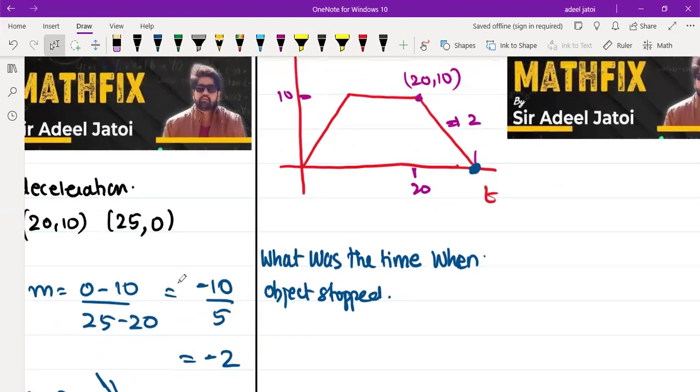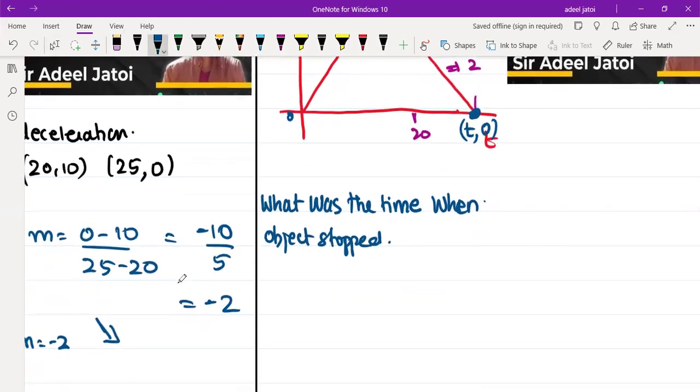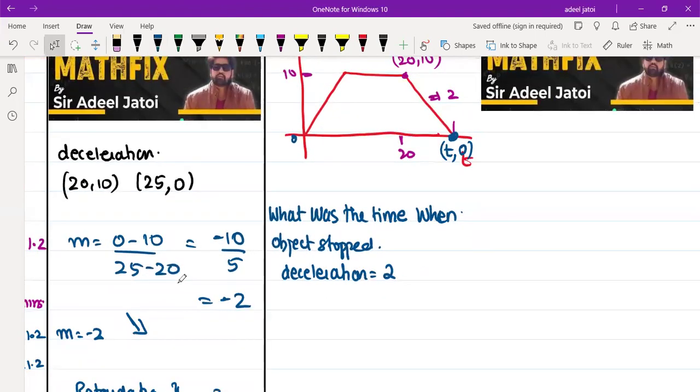Now what you know is that at this time you do not have t, but you have 0 as the y coordinate, because if the object has stopped, the speed becomes 0. But the examiner will tell you that your deceleration is 2.